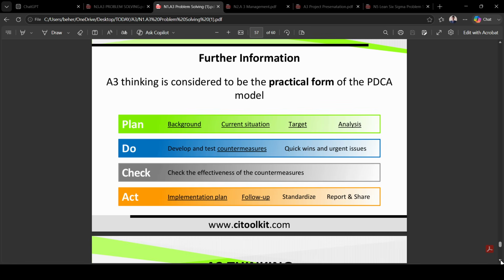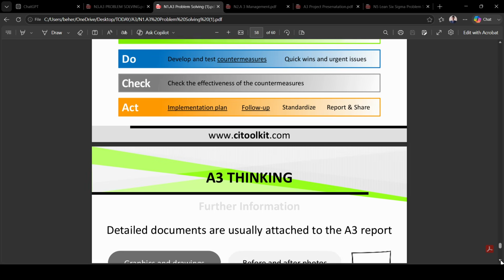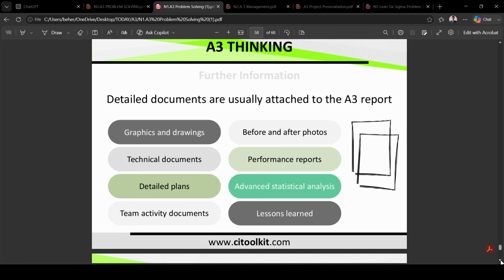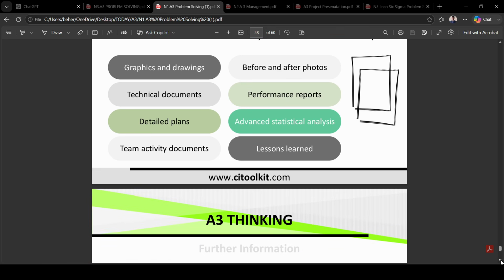Act: implementation plan, follow up, standardize, and report and share. Detailed documents are usually attached to the A3 report: graphs and drawings, technical documents, detailed plans, team activity documents, before and after photos, performance reports, advanced statistical analysis, lessons learned.